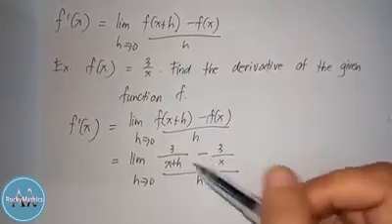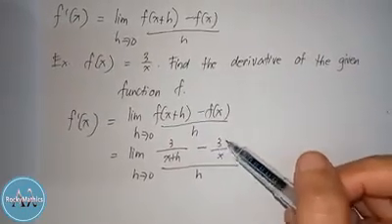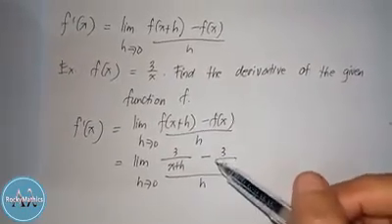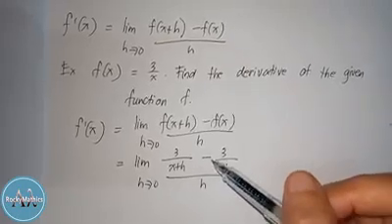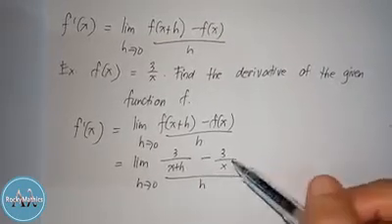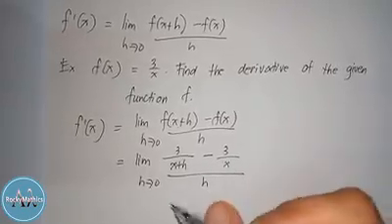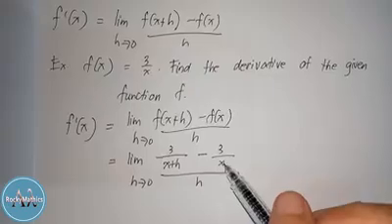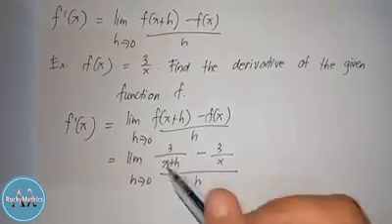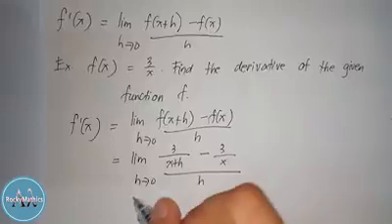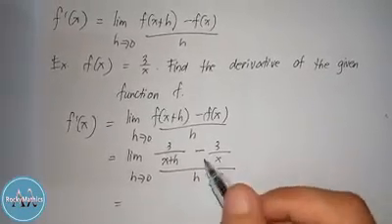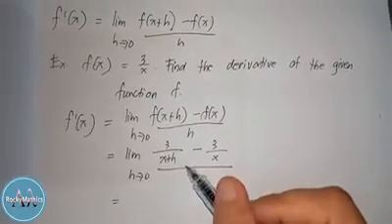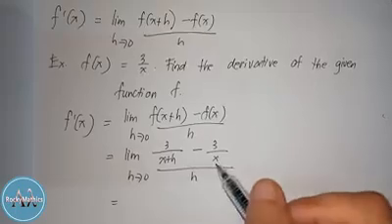The numerator consists of fractions. So in order to combine this, let us follow the rule in subtracting fractions. Since we have different quantities in the denominator, x plus h and x, all we have to do is to find the LCD. The LCD here simply is the product of x plus h and x.